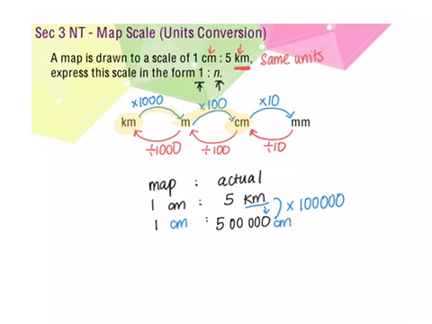Now that the units on both sides are the same, we can drop the units and the answer will be 1 is to 500,000.